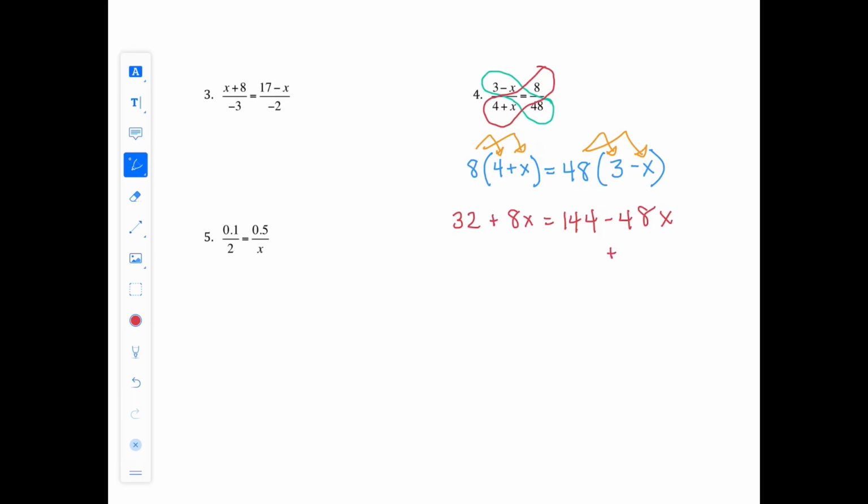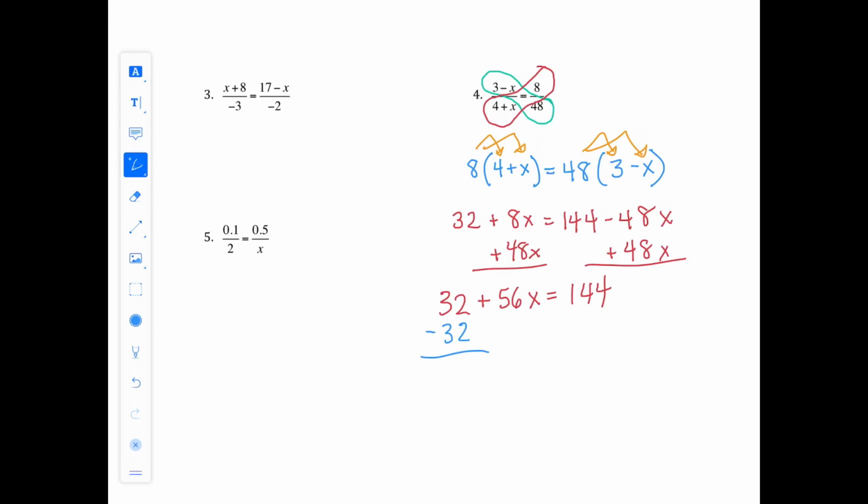So now let's add 48x to both sides of the equation. And I think that's 56x on one side. Oh, still got that 32. And then I've got 144 on the other side. And so we want to get x by itself.